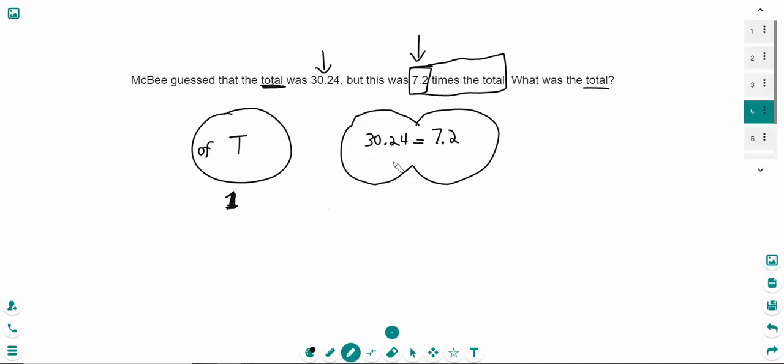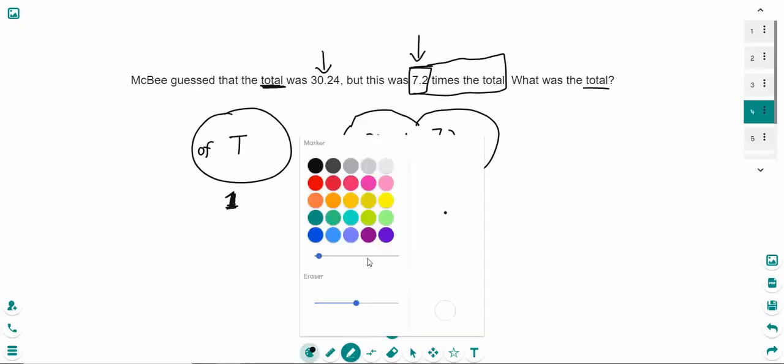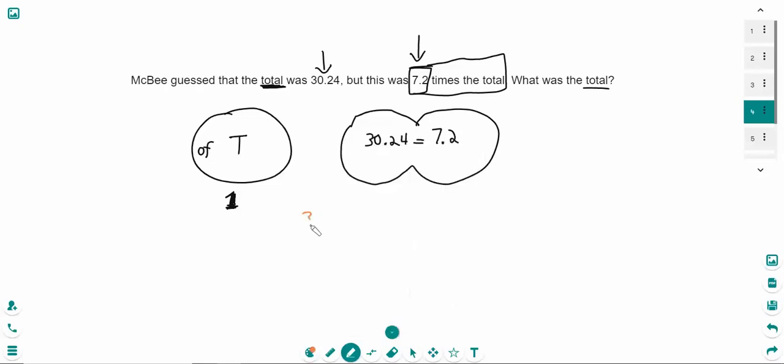All right. So now let's write the equation out for this. So 30.24 is equal to 7.2. I just rewrote this double bubble. And then remember, I trace it back to the beginning. 7.2 of the total. Of means multiply. So it's times the total. All right. Or I could even write that without the parentheses and just write it as times t. Okay.